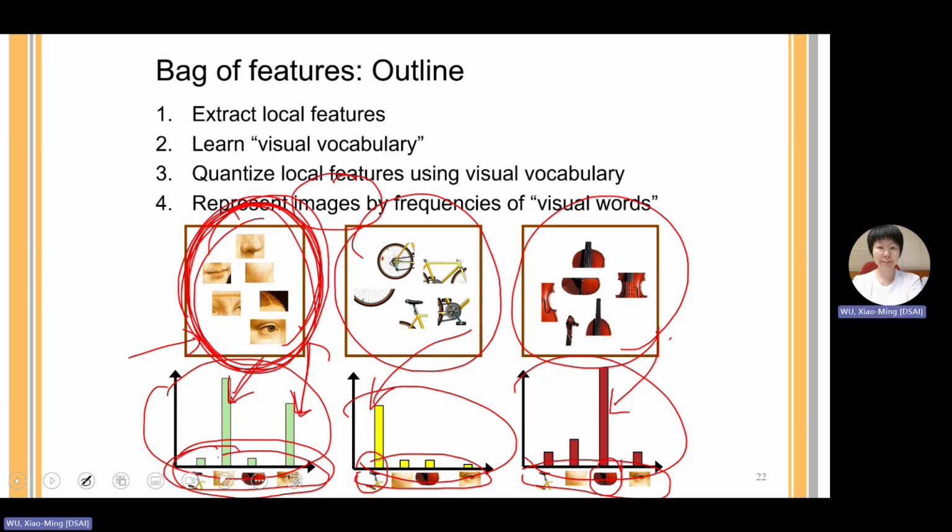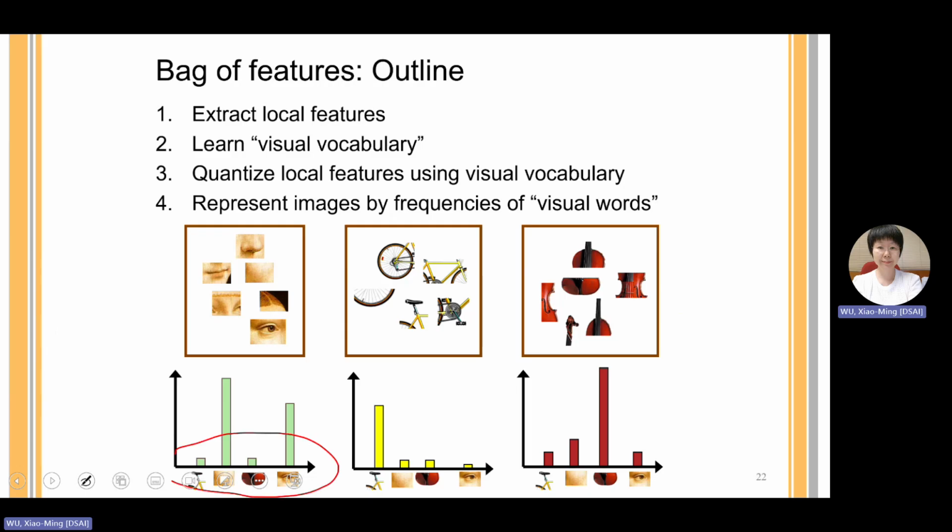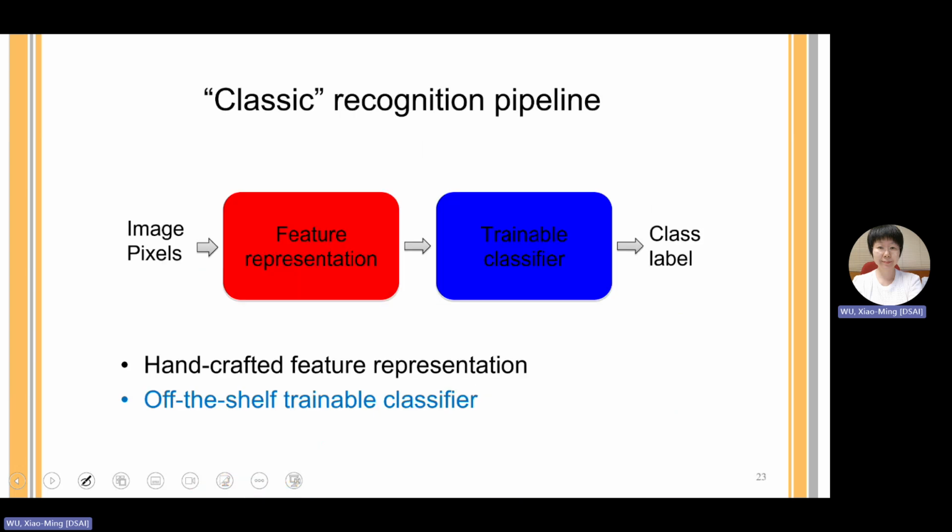Then we can represent each image using the same vocabulary, and finally we use the histogram to represent their features. So this is the bag of words feature representation, which was a very popular approach 12 years ago. Now let's take a 10 minute break.